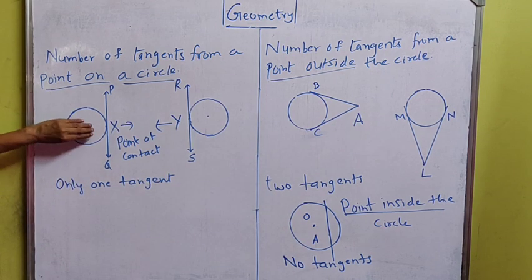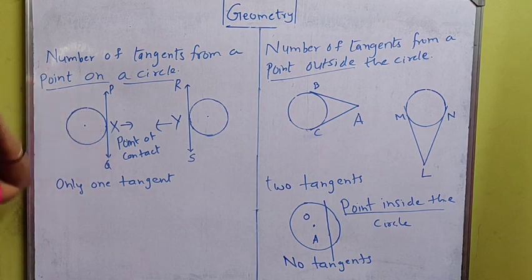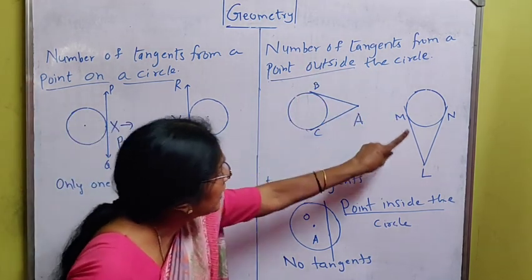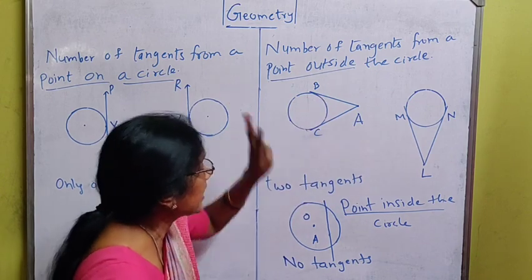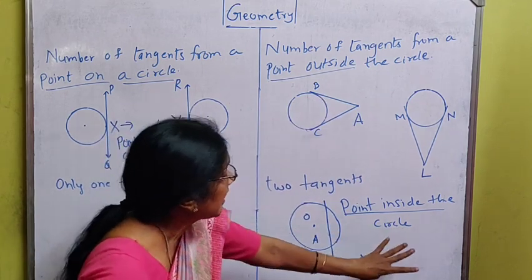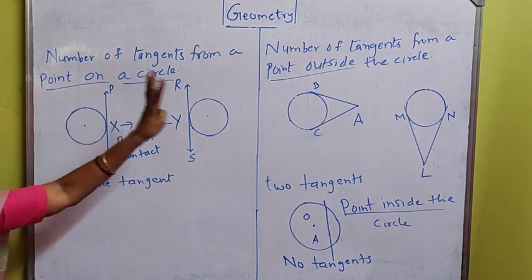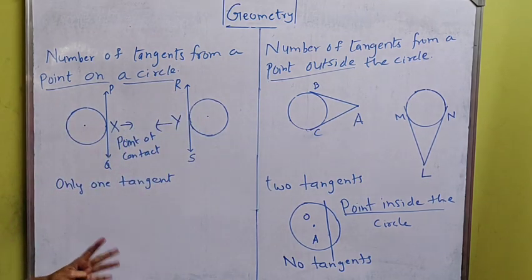Very important. So three positions we have taken. When a point is on the circle, only one tangent can be drawn. When the point is outside the circle, two tangents can be drawn, and when the point is inside the circle, no tangents can be drawn. So these are the three positions of a point with respect to a circle.